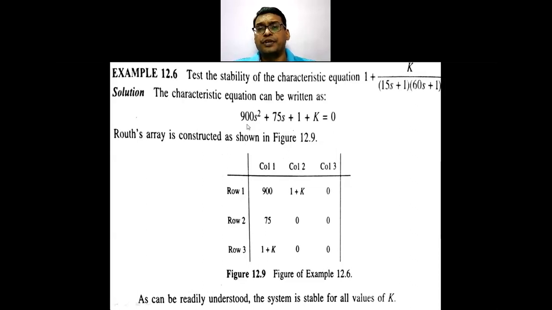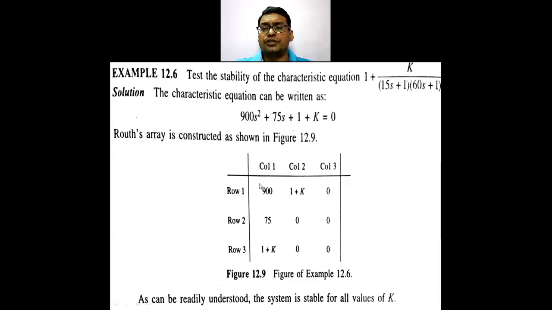Now constructing this Routh array, so A1, A3. Here A3 becomes 1 plus k. So 900, 1 plus k, and A2, that is all even coefficients in row 2, 75. Multiplying 75 into 1 plus k minus 0, divided by 75, is nothing but 1 plus k.